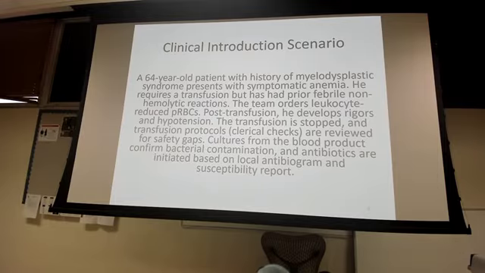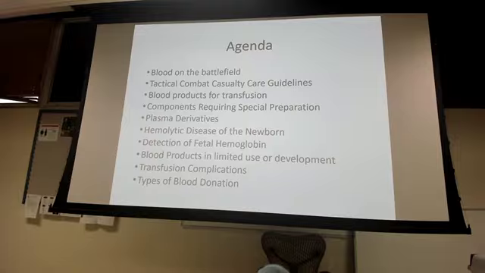Post-transfusion, he develops rigors and hypotension. The transfusion is stopped, and transfusion protocols and clerical checks are reviewed for safety gaps. Cultures from the blood product confirm bacterial contamination, and antibiotics are initiated based on the local antibiogram and susceptibility report. I hate that word, never get it right.